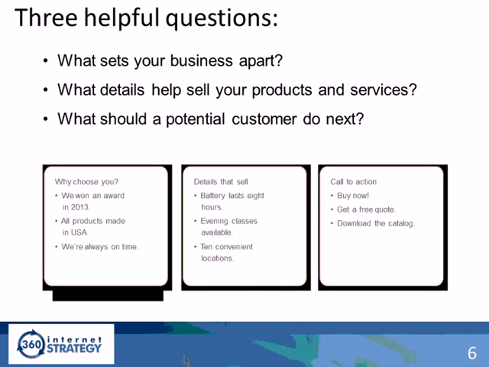And then some of the details. You'll see here in the middle column, for education, evening classes or convenient locations, or this is maybe where you would want to say your 24/7 customer service. And then again, the call to action. What are you expecting them to do when they click on your ad?